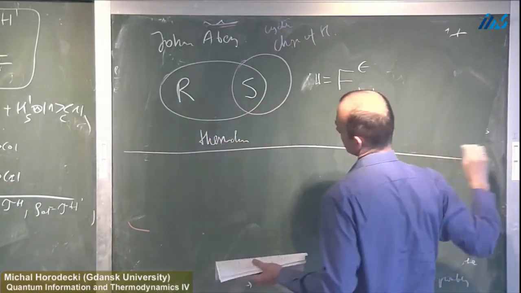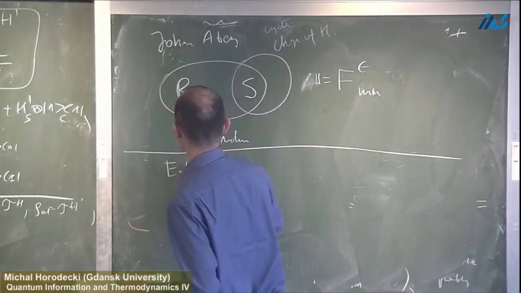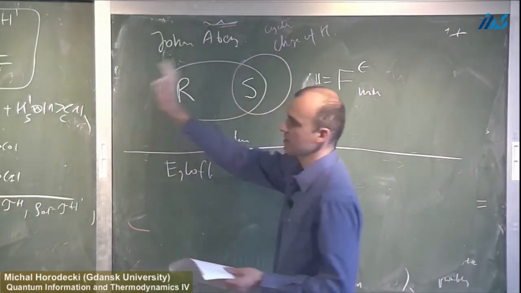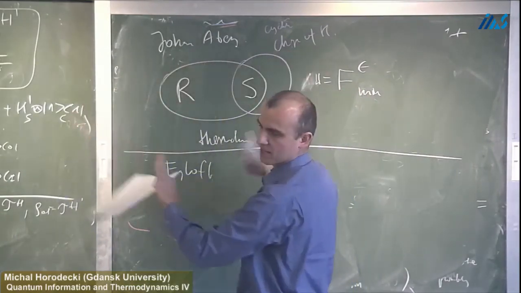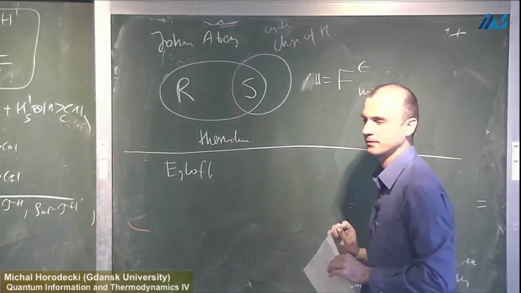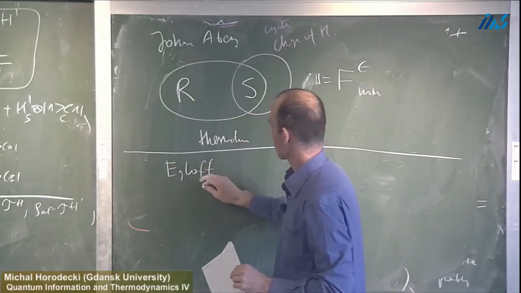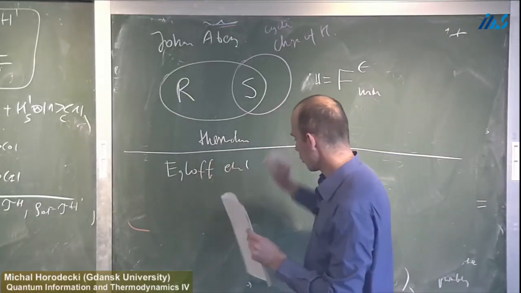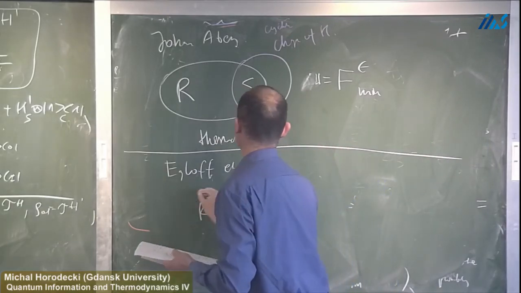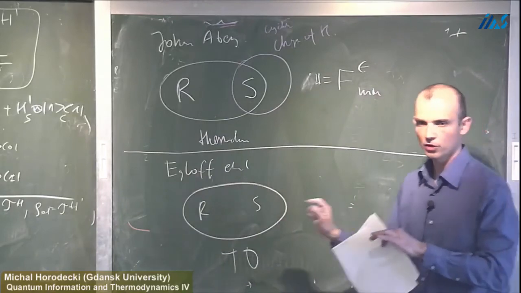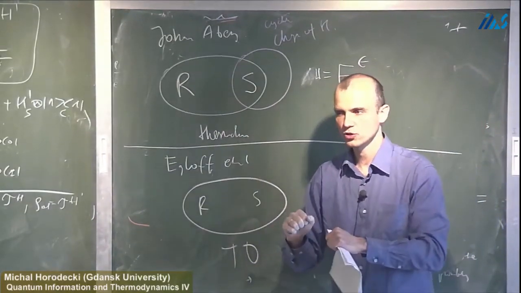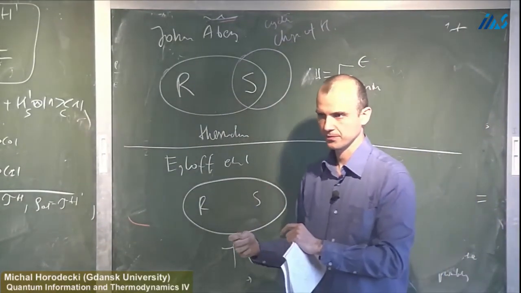Then in the next paper, that was done at the same time independently. We worked independently and got the same results. That was really fun. Then there was a later paper by Egloff et al. Here they allowed all thermal operations, just for state change, not for joint work.